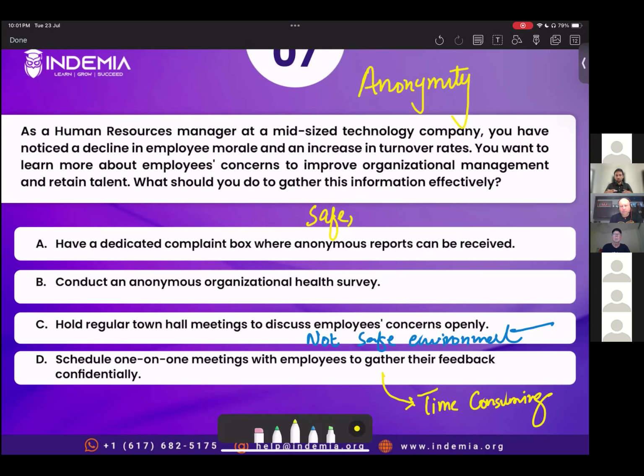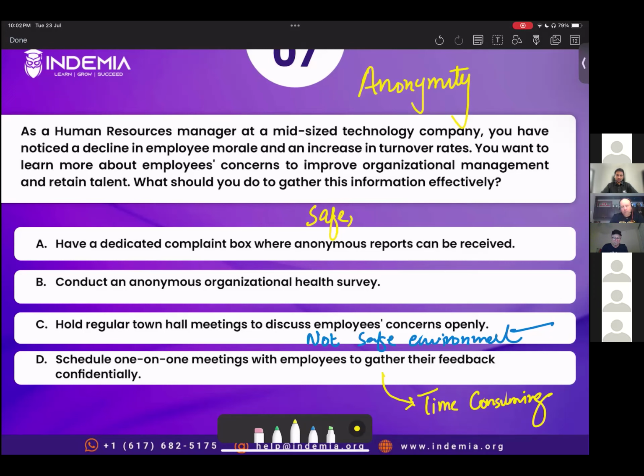You are pushing your agenda, you're motivating people to give you some details, but that's anonymous. For example, you need information about A, B, C, D, and people will be providing you all the details. If you're just having a complaint box, it's a passive technique and you won't be getting the desired data.